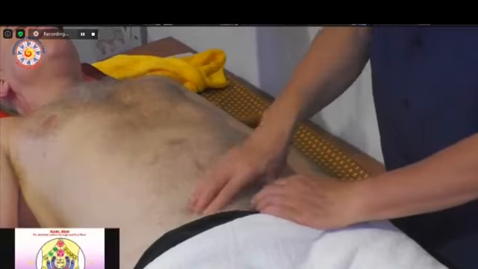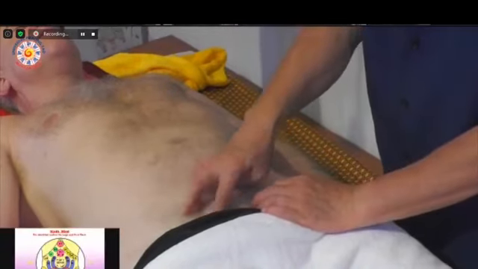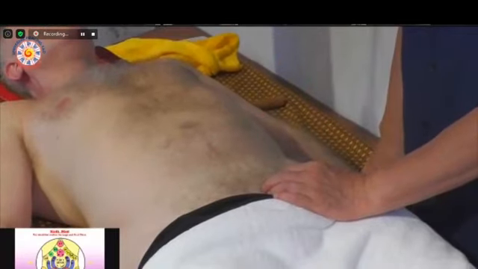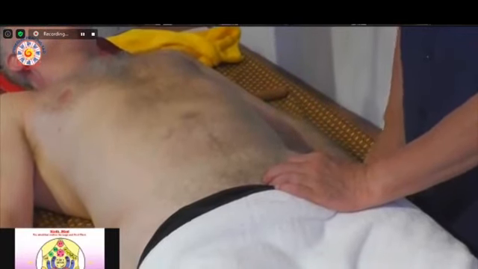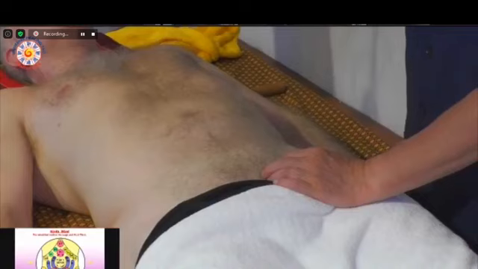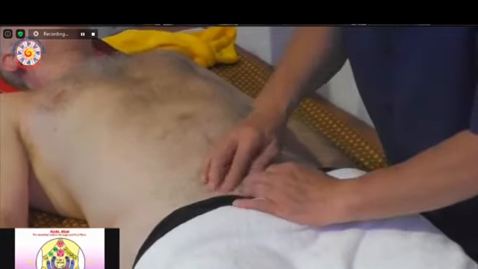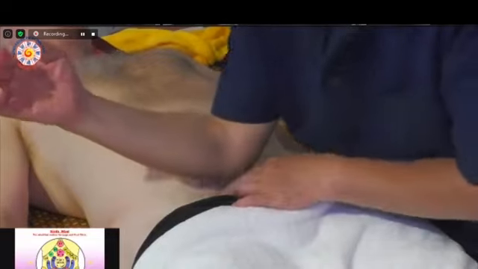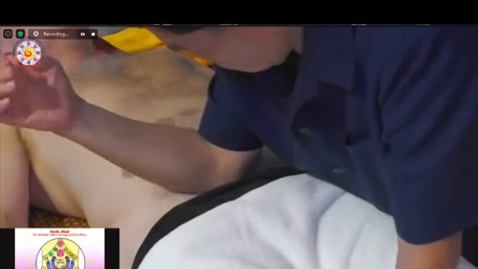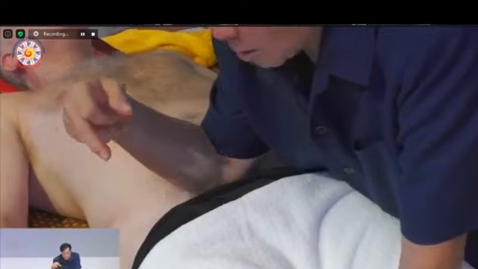Now we're going to be at 40, 41, and 40. That's the inguinal vein and artery. And this goes directly to the feet.